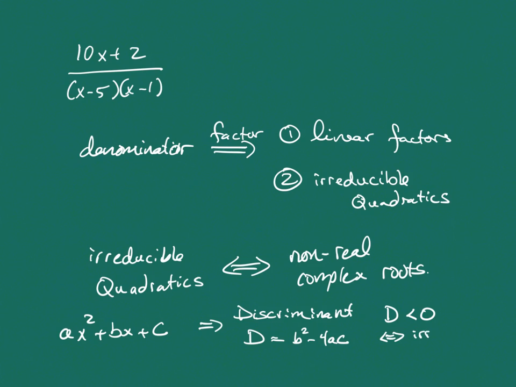So I had non-real complex roots. So this is one check that we can use to decide when something is going to be irreducible or not if we're just given a polynomial. So what happens when we factor our denominators? One of these two things. Now maybe we have these things to higher powers, maybe the multiplicities of these factors go up, and we'll see how to deal with that.